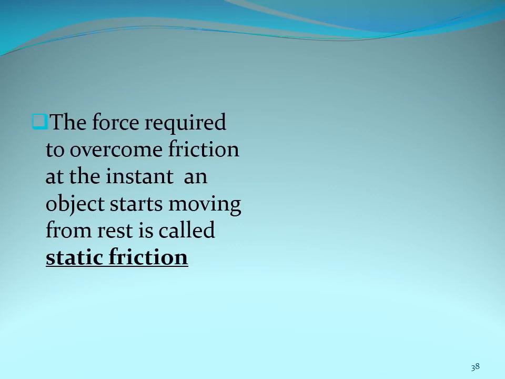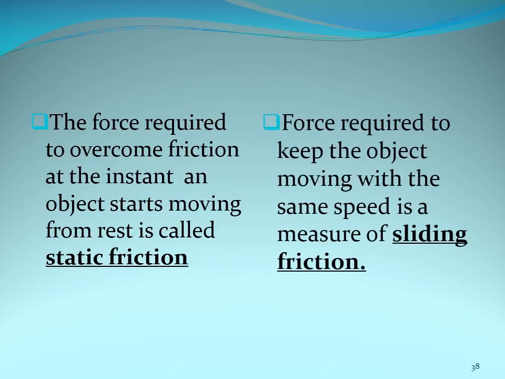From that example, we can see that the force required to overcome friction at the instant an object starts moving from rest is called static friction, and the force required to keep the object moving with the same speed is a measure of sliding friction.